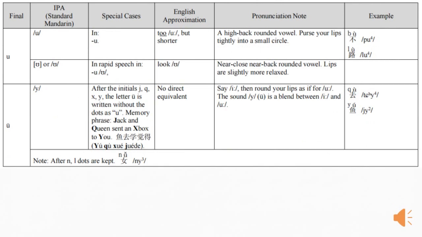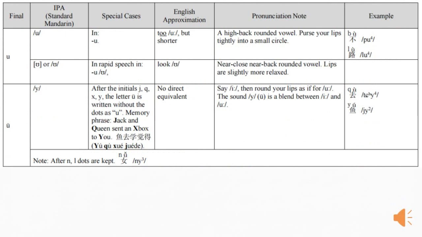Simple final u is pronounced as u, for example, bu, lu. But in rapid speech it can be u, slightly more relaxed. Simple final ü is pronounced as ü, for example, qu, ü. Note: after the initials j, q, x, y, the letter ü is written without the dots as u.